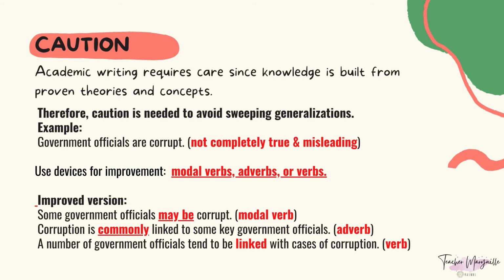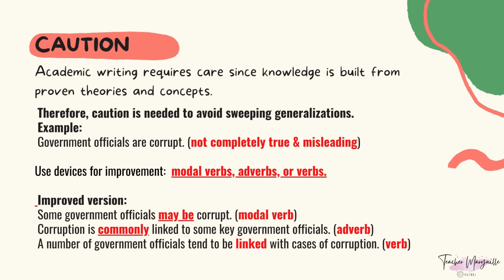For example, try to improvise the sentence like this, using modal verbs. Some government officials may be corrupt. So you use the modal verb maybe. This one is for using adverbs.